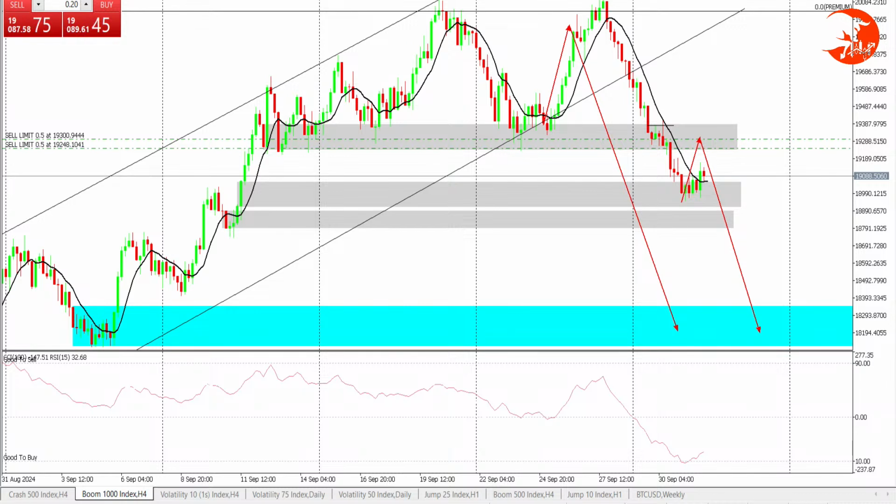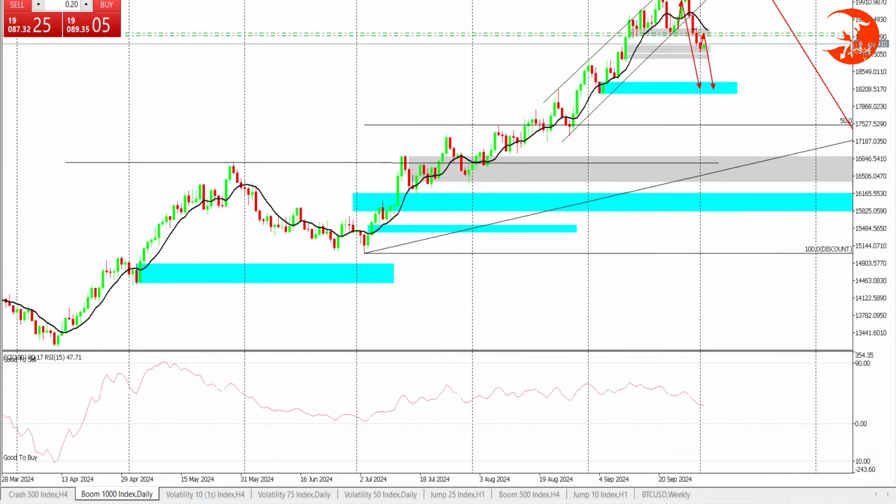Why do I want this retest? This would be a return to the break of structure. Those who watched yesterday's episode, you know what we talked about. So a return to the break of structure, which is this level. If you're on daily, it can be a return to the neckline there.